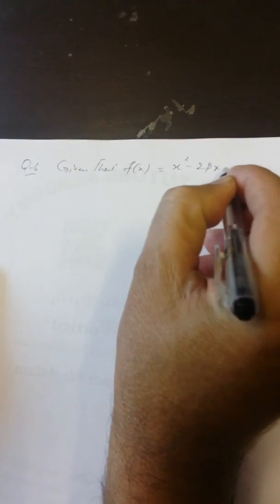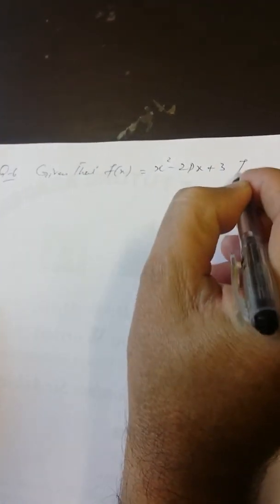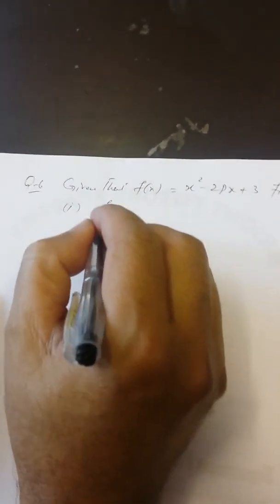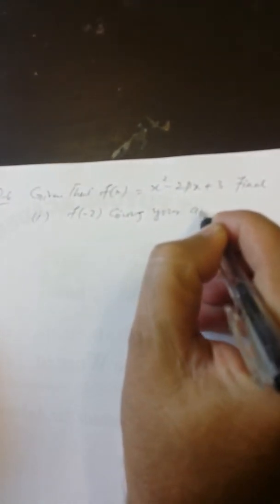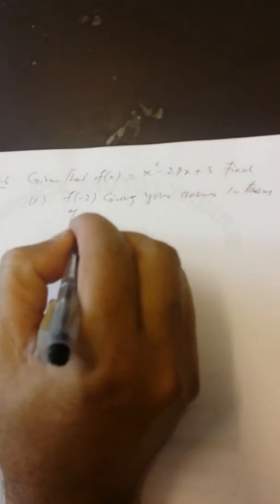Question number 6. Given that f of x is equal to x square minus 2px plus 3, find in part A f of minus 2, giving your answer in terms of p.